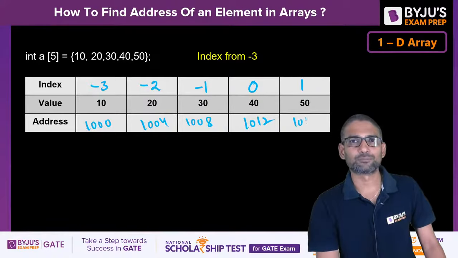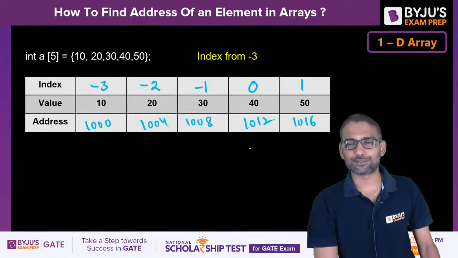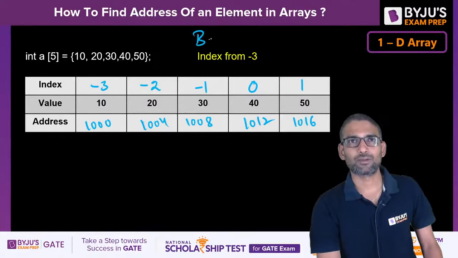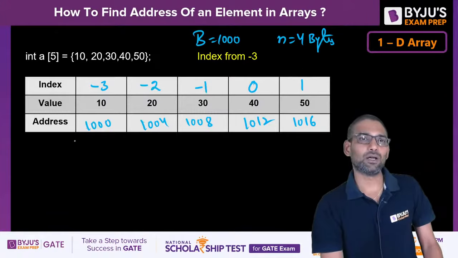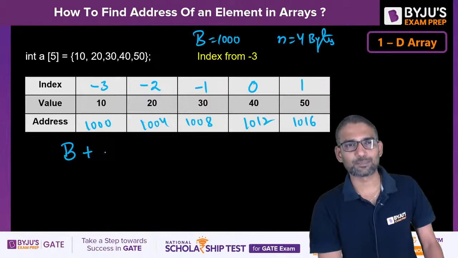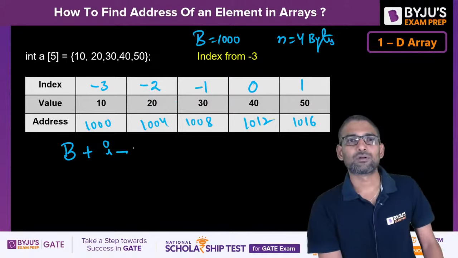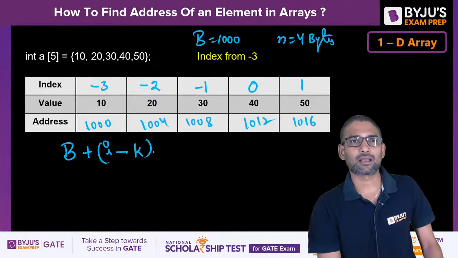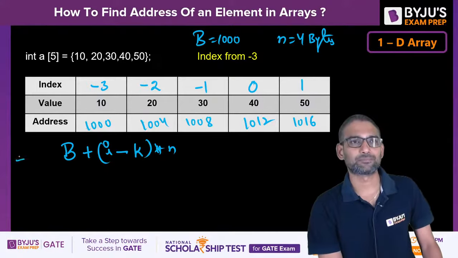If so, these are the addresses. Now, will that work? Base address plus I minus k multiplied by n when the index is from k.